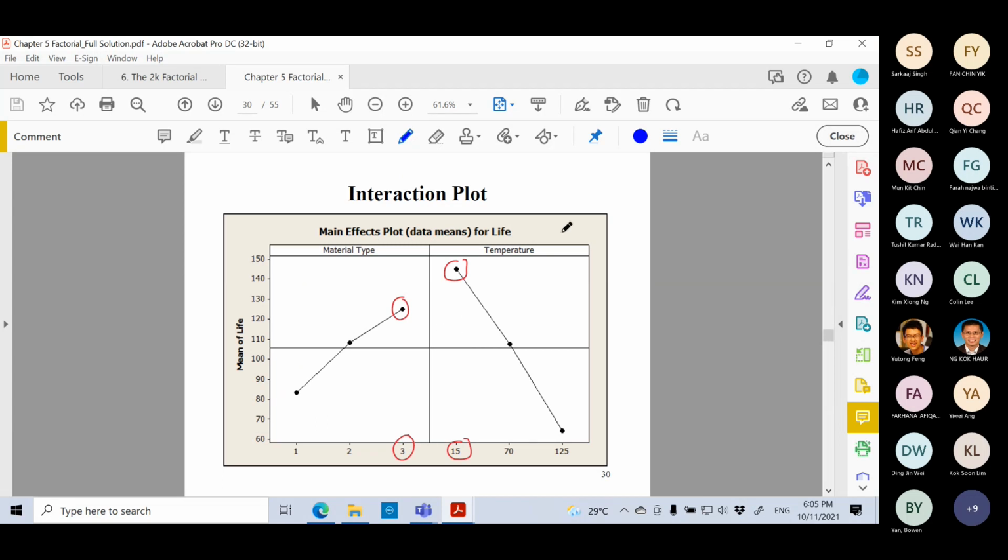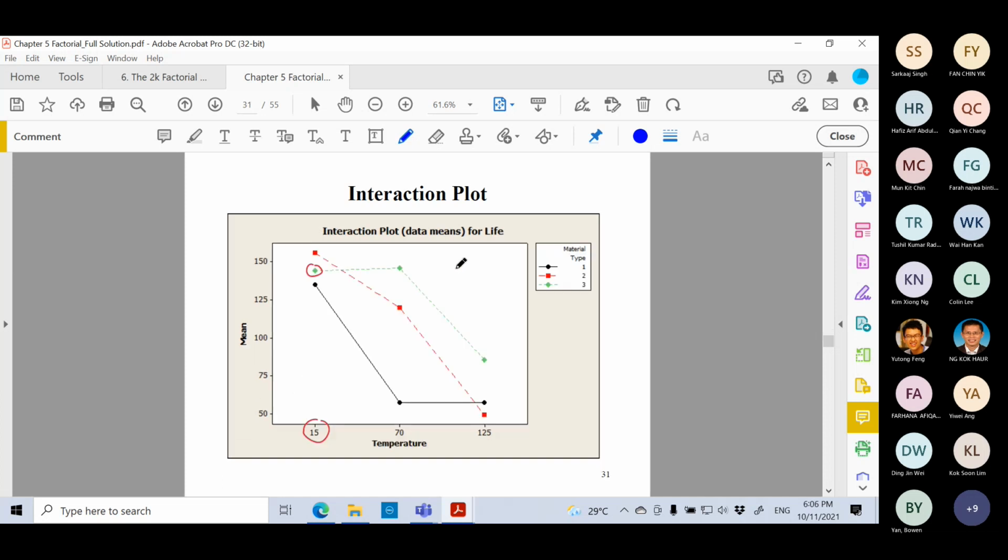For example, in this plot we would choose level 3, or material type 3, because it gives the highest battery life, as well as a temperature of 15 degrees. However, if your interaction effect is significant, your interpretation may not be correct.